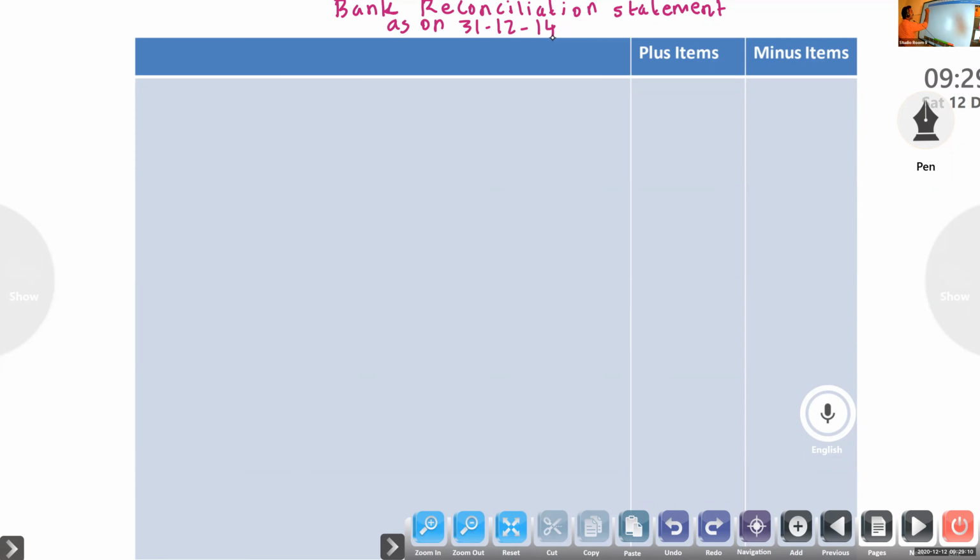So first, overdraft balance as per cash book.